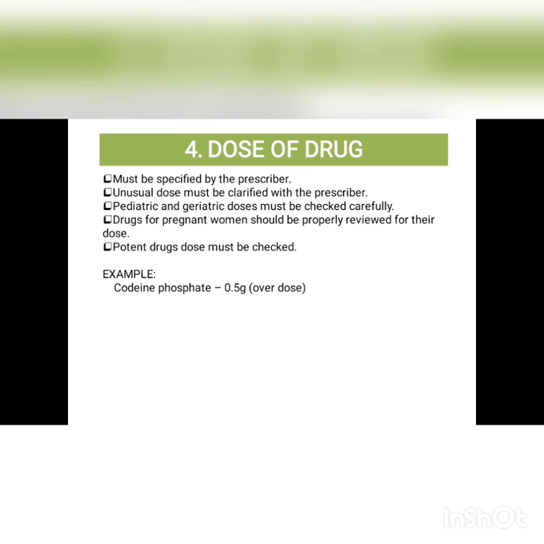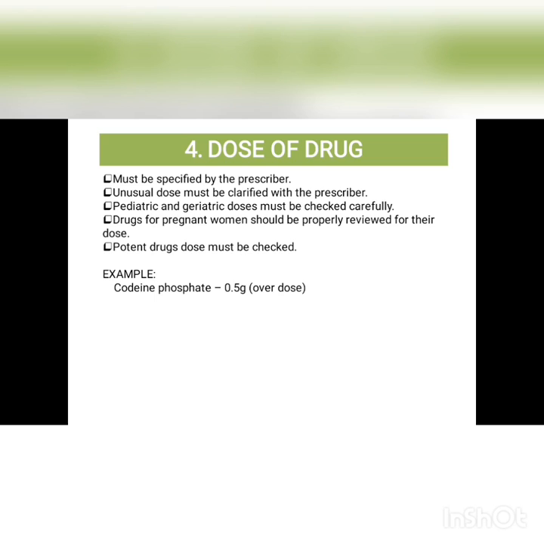Pediatric dose means the dose provided to infants, and geriatric dose means the dose provided to older ones. In case of pediatric and geriatric doses, pharmacists should be careful about the dose dispensed. Also, when drugs are dispensed for a pregnant woman, pharmacists should be careful about the dose.